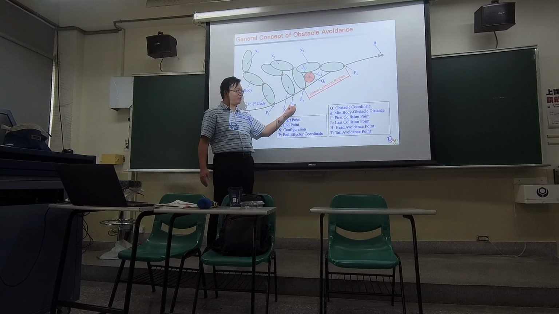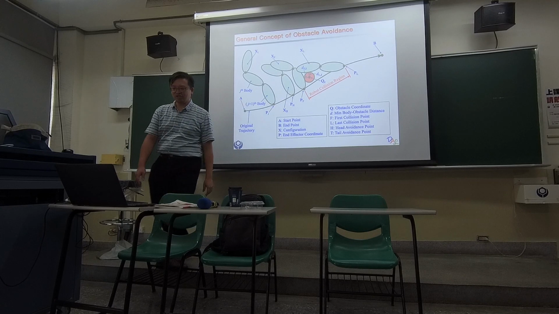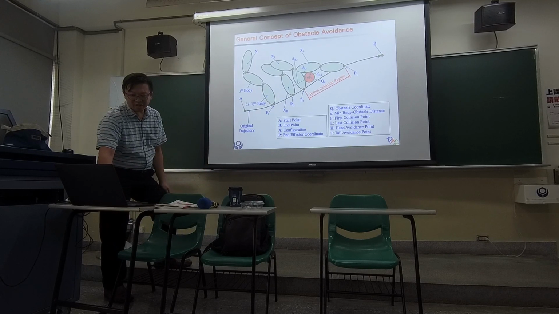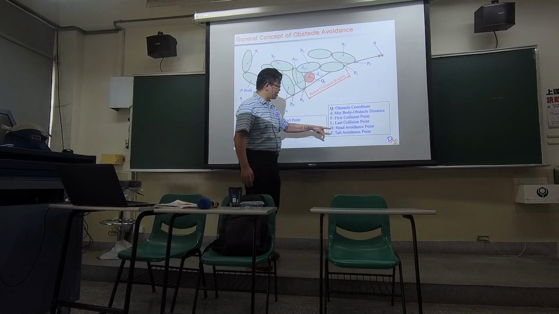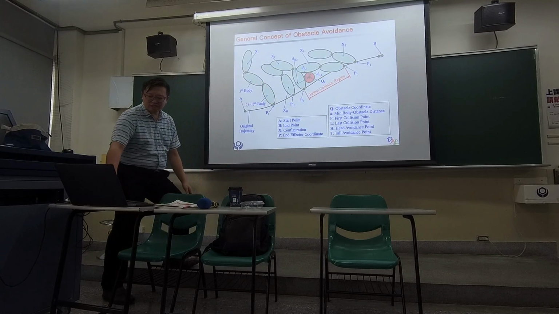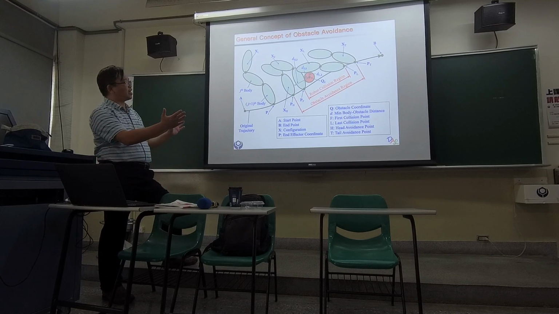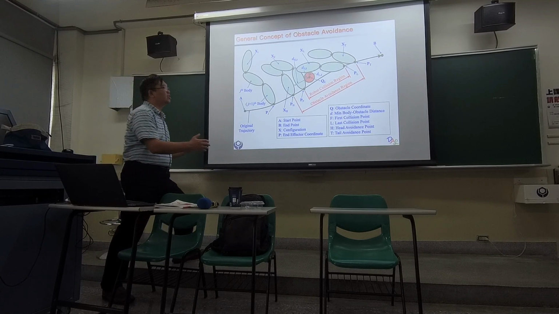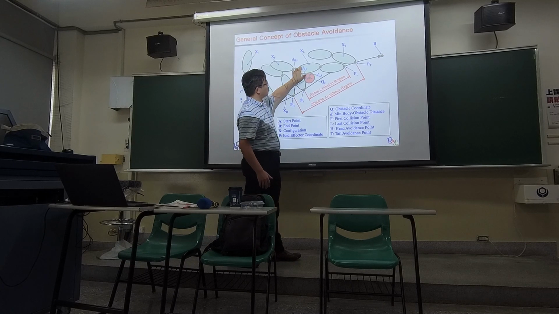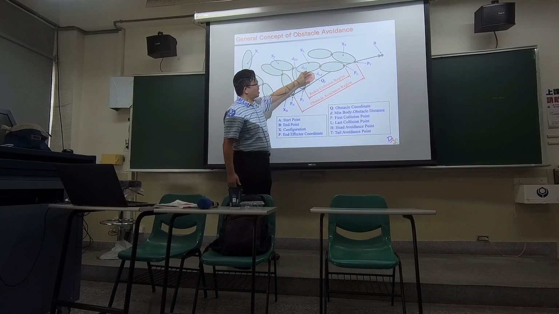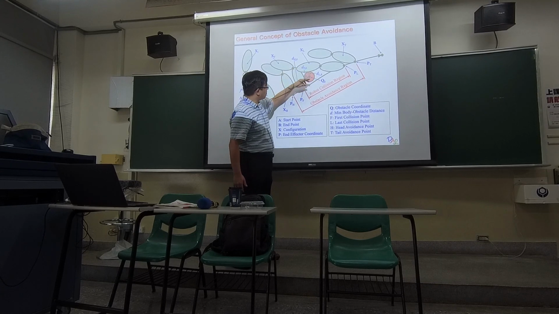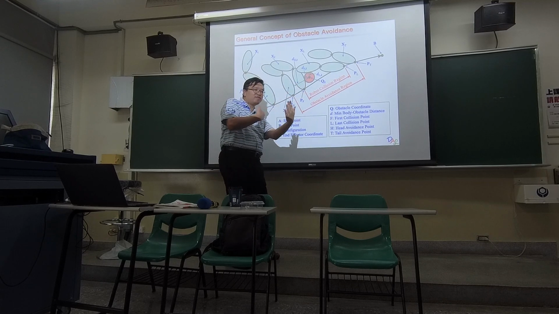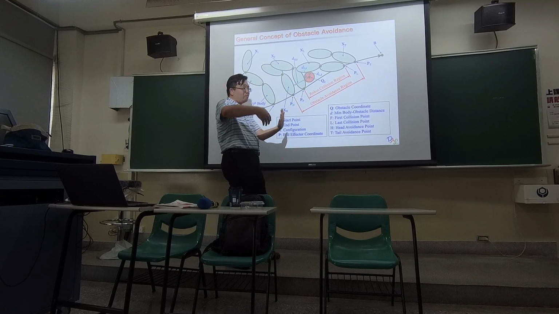This is the head point to avoid the collision, and then we find a tail point. Head and tail. So we define this region as the obstacle avoidance region. If we are able to find a trajectory that is away from the danger region, we won't have contact, and also we can move around it.